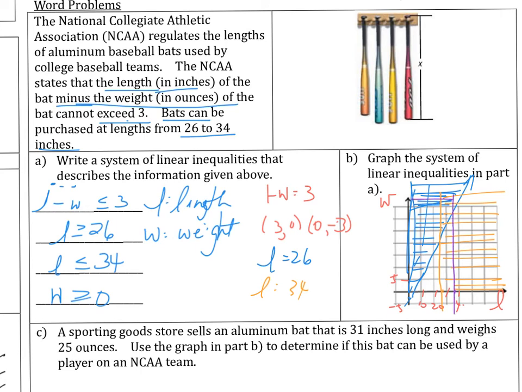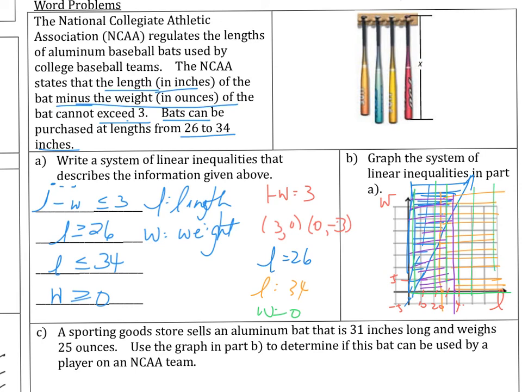Shade everything to the left in the first quadrant. And for when W is equal to 0, I need to graph that. So this is the graph for W equal to 0, and I need to shade everything above.